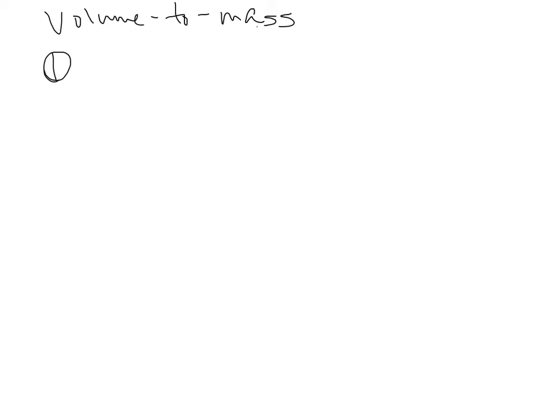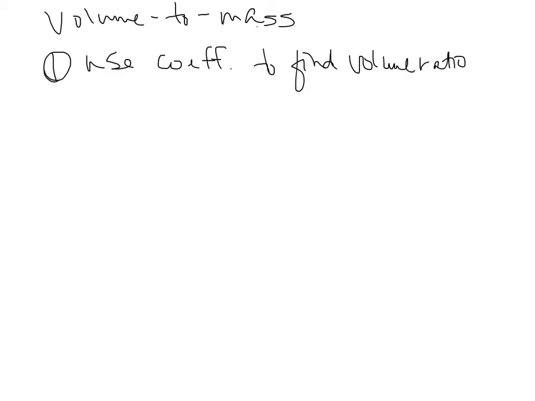But for volume to mass, the first step is that we are going to use the coefficients to find your volume ratio, and therefore the volume of the other gas that you're trying to find.